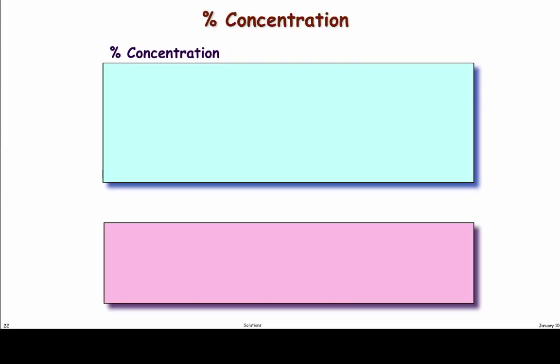So let's take a look at percent concentration. You guys know what percent means because you use it every day. When you go to the store and they tell you you have 50% off, it basically means that for every dollar you spend, you save 50 cents.